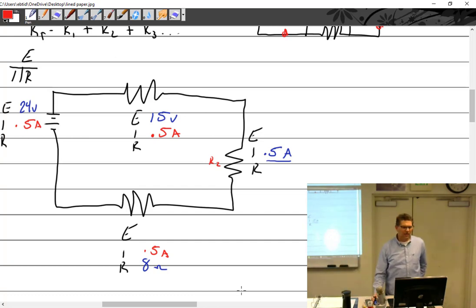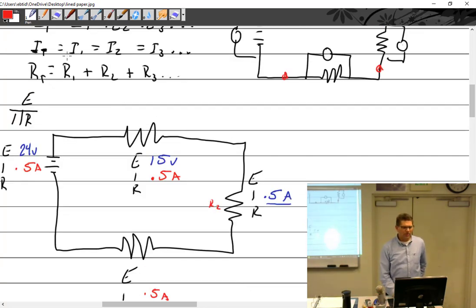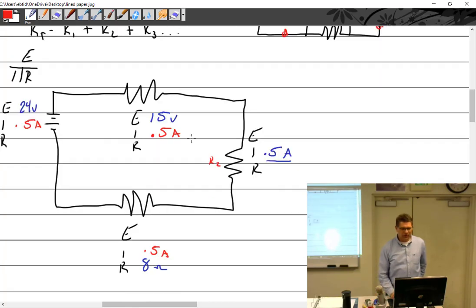According to Kirchhoff's law, I total is equal to the current through 1, or the current through 2, or the current through 3, on and on and on. So the current here is the same through the whole circuit. Therefore, the current is half an amp here. It's half an amp here, half an amp there, and it's also half of an amp here, right?